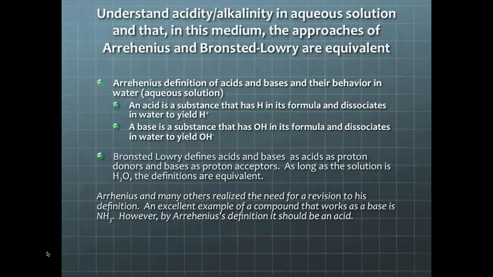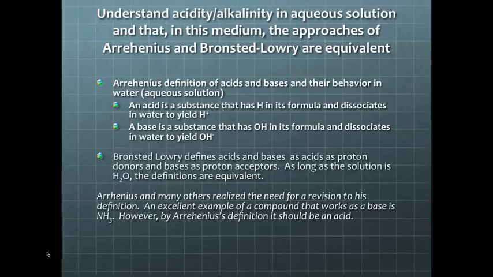Our assessment criteria is to understand acidity and alkalinity and compare that in the aqueous phase to Arrhenius and Bronsted-Lowry. Arrhenius said an acid was a substance that had hydrogen in its formula and dissociates in water to yield H+.